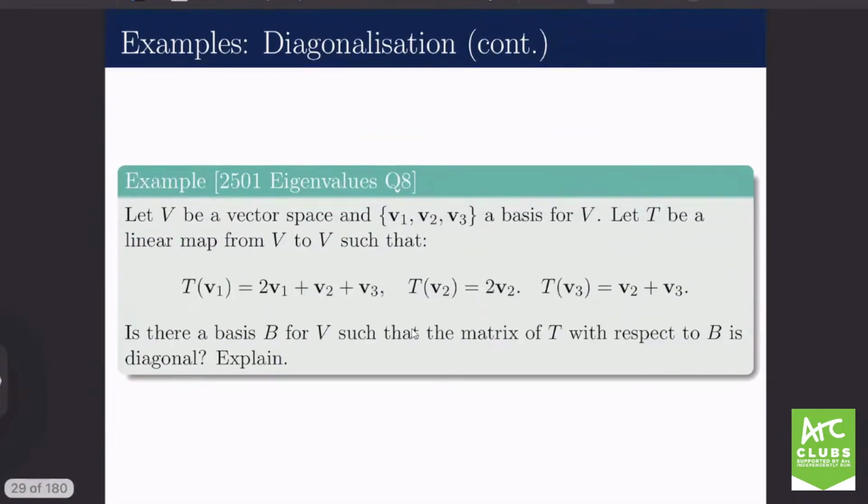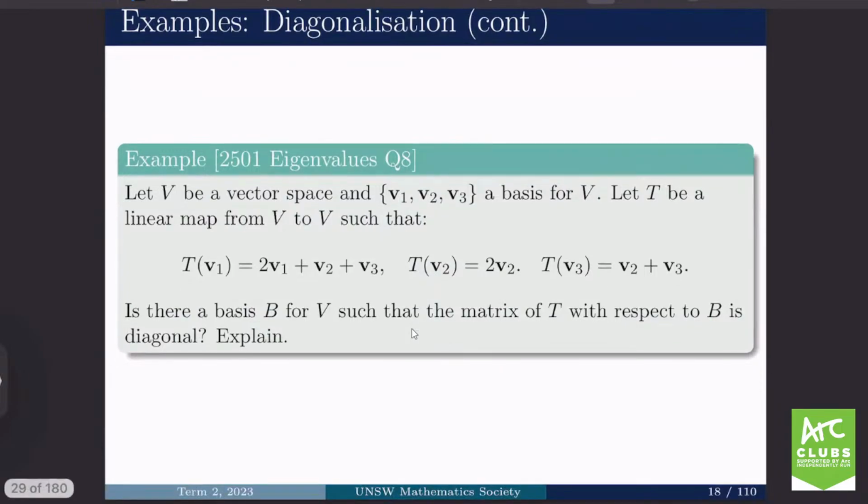All right, so let's look at an example now from 2501. Let V be a vector space and V1, V2, V3 is a basis for V. Let T be a linear map from V to V such that T of V1 equals 2V1 plus V2 plus V3, T of V2 equals 2V2, and T of V3 equals V2 plus V3.